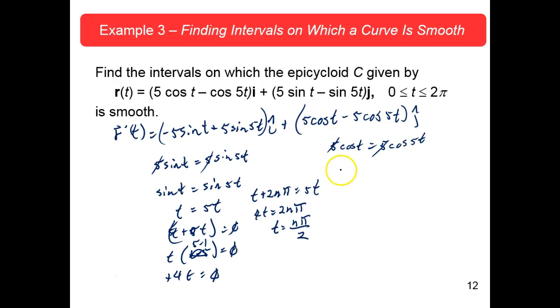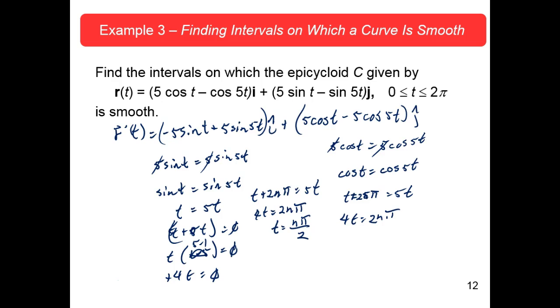Divide out the 5's, and you get cosine t is equal to cosine 5t, and that would be anywhere where t plus 2n pi is equal to 5t, so 4t is equal to 2n pi. So you get to the same thing at all your half pi's.